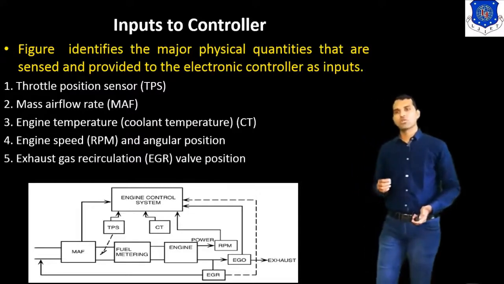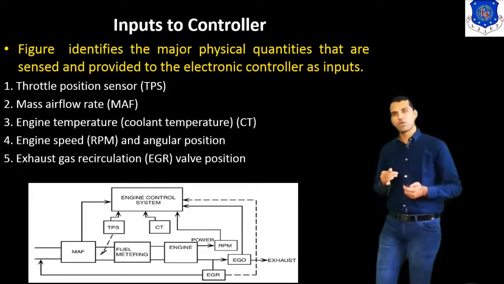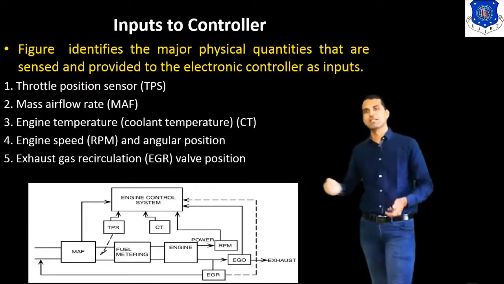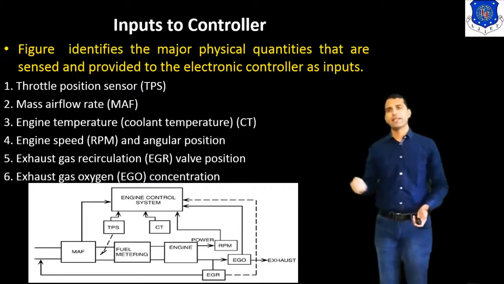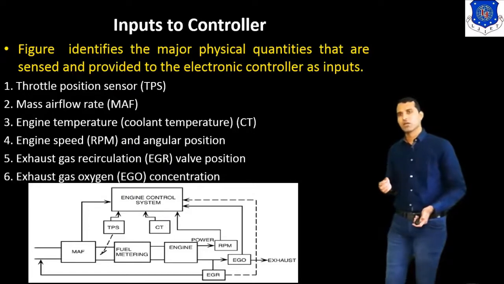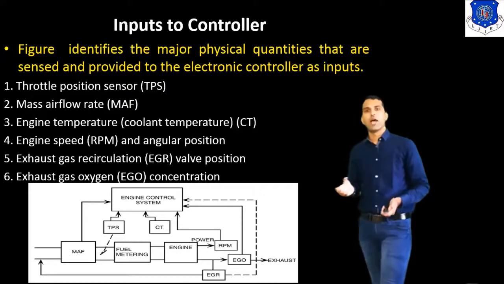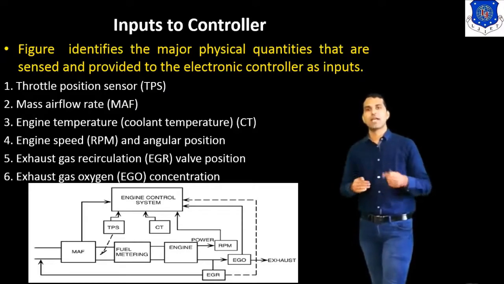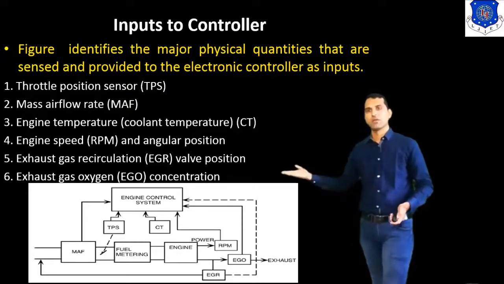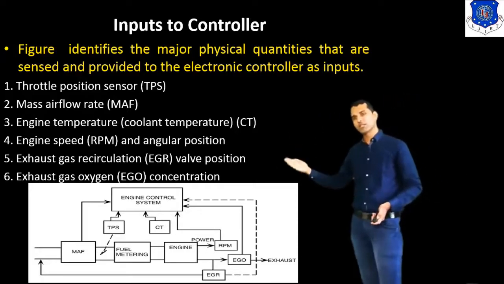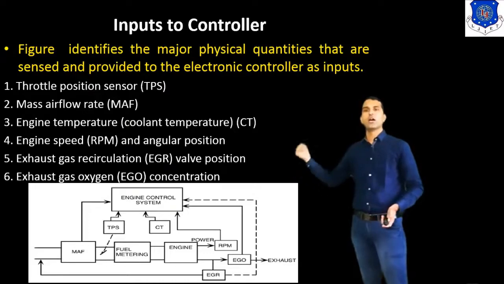Next is the exhaust gas recirculation valve position, that means we can know whether the valve is fully open or closed by using the EGR sensor. And the next one is the exhaust gas oxygen concentration. This sensor provides information about the amount of oxygen inside the exhaust. These are the input sensors that provide the data to the controller.